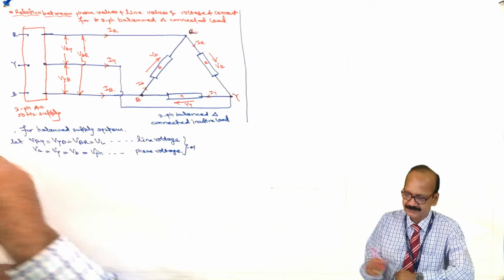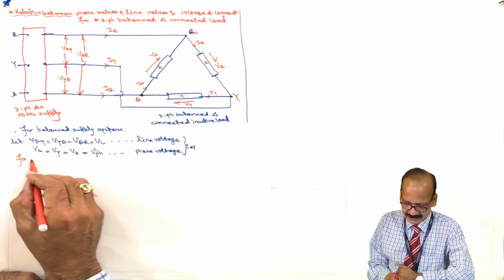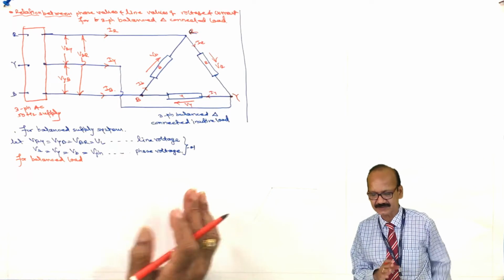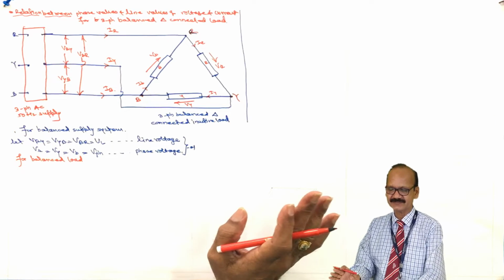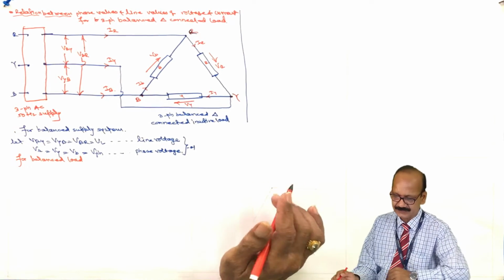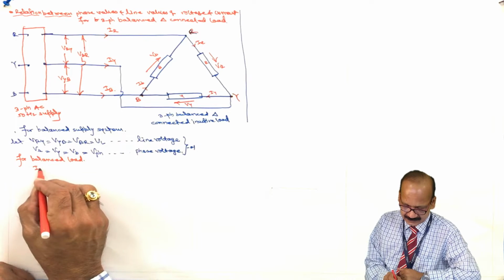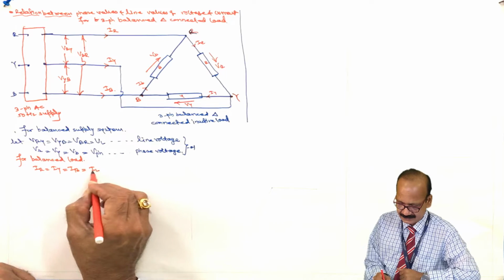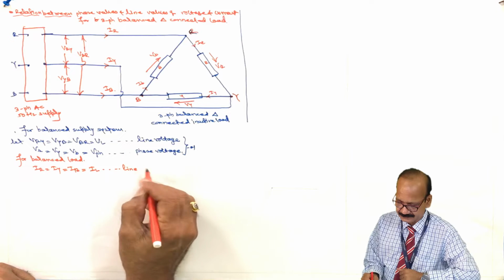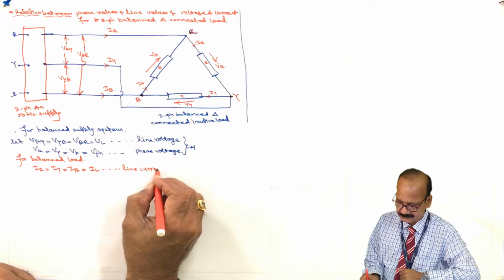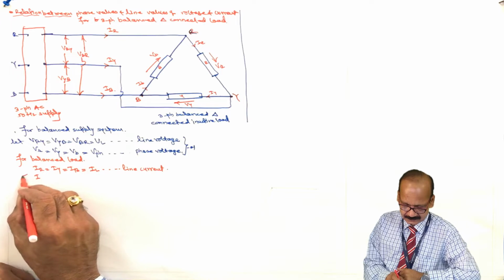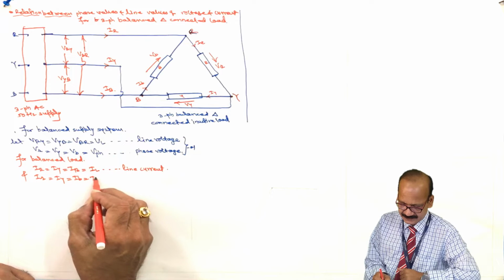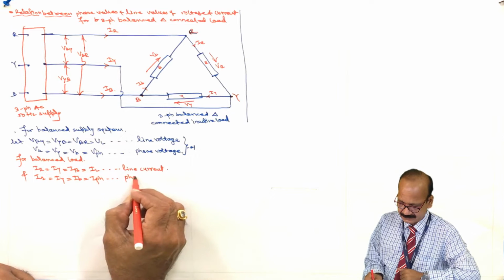Now for the balanced load, we have already studied the definition of a balanced load, where magnitudes are equal and displaced from each other by equal angle. So for a balanced load, I capital R equal I capital Y equal I capital B equal I L, the line current. And I small r equal I small y equal I small b equal I ph, the phase current.